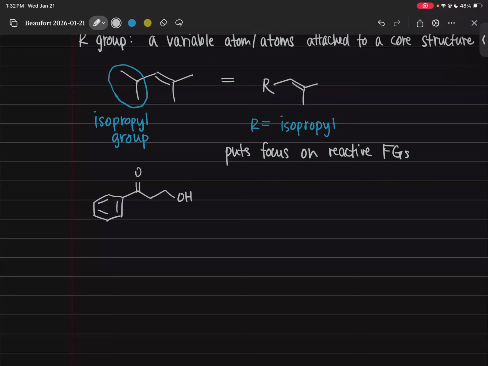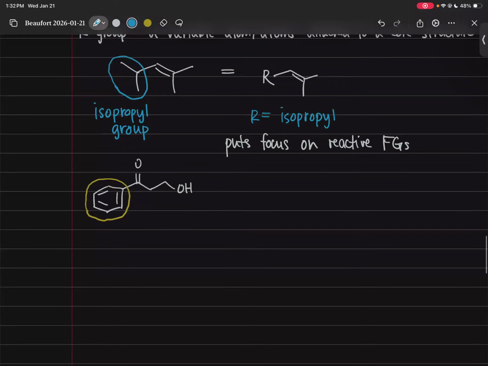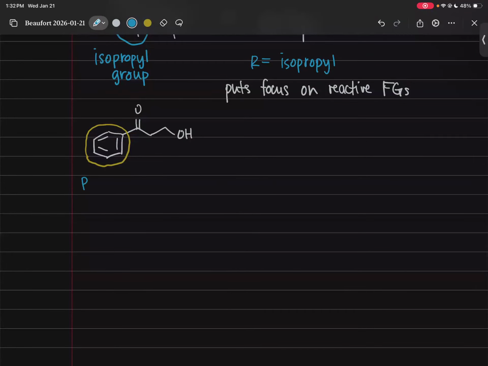So this molecule has three different functional groups in it. This ring with the three double bonds inside it is called a phenyl group. And it has actually a specific abbreviation. I'm going to give you a chart of these in a second, so don't worry too much.